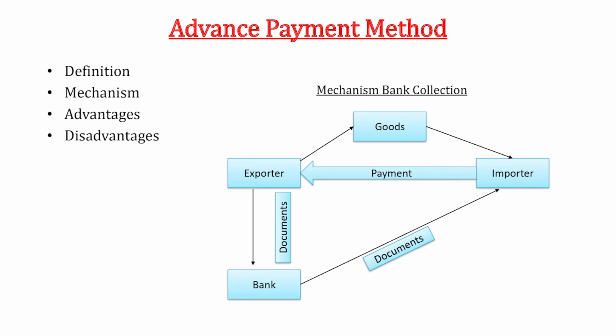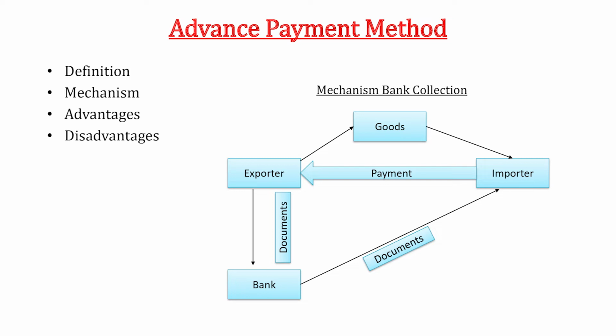And to get advance payment, the exporter has to develop trust. How to develop trust depends upon the transaction. In every transaction, you have to do something to create trust in the mind of the buyer so that he can give advance payment to you.